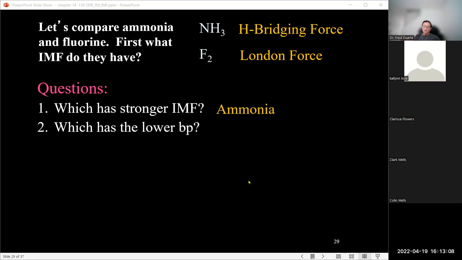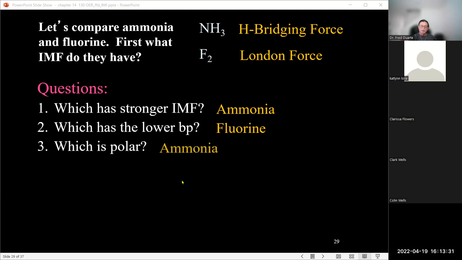Which has a lower boiling point? The one with the weakest IMF, and that would be fluorine, because it has the London forces only. Which is polar? Based on the exercise we did earlier, ammonia is polar. Fluorine is diatomic, and being diatomic, it is nonpolar. Who has the higher vapor pressure?